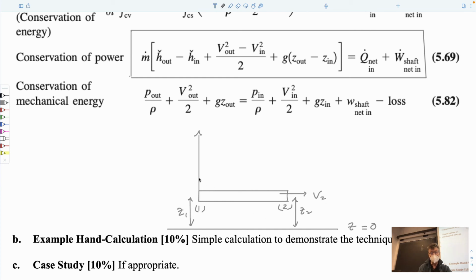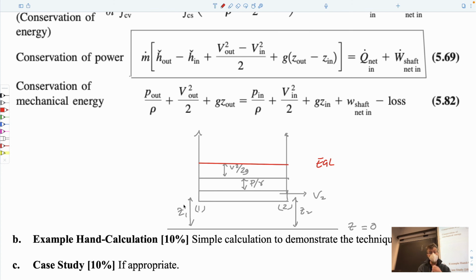We can draw the grade lines between these: p over gamma, and a grade line for velocity between upstream and downstream, velocity squared over 2g. This is our energy grade line, what we call EGL.